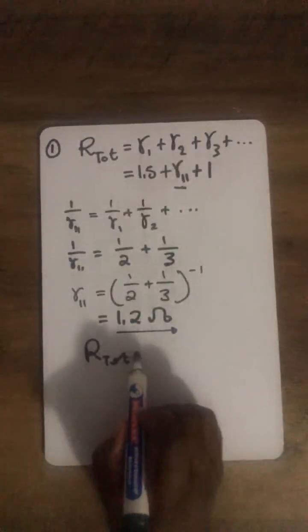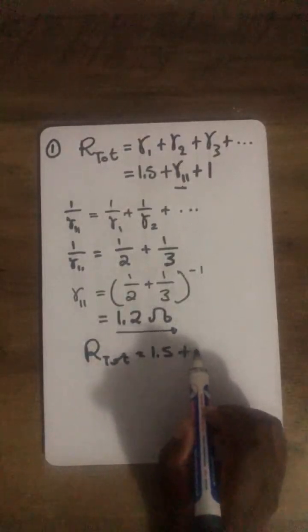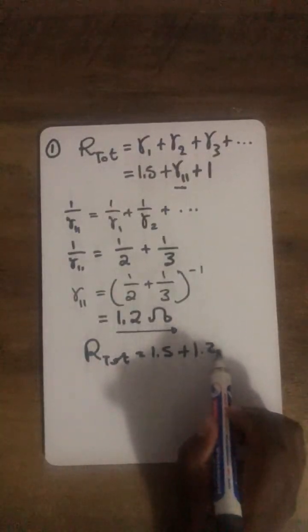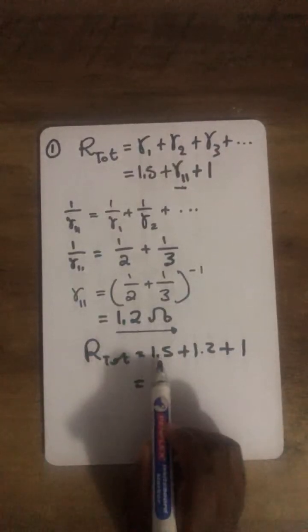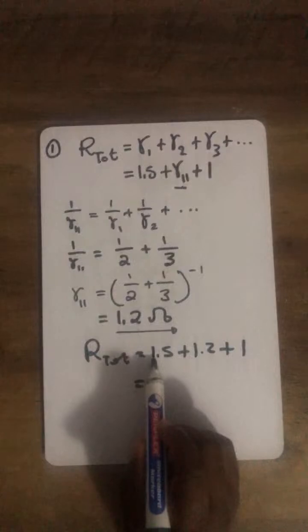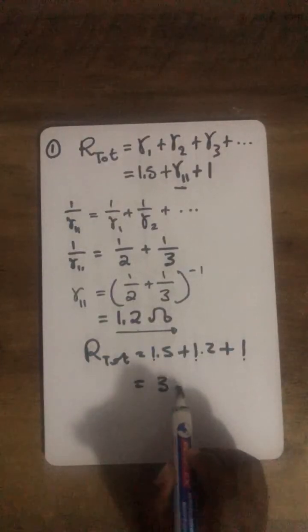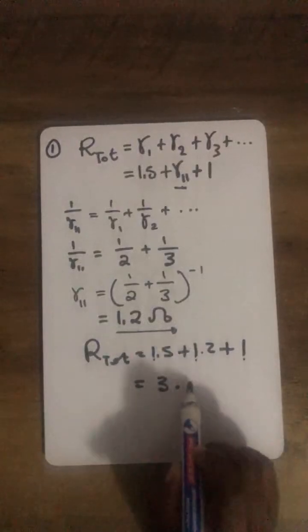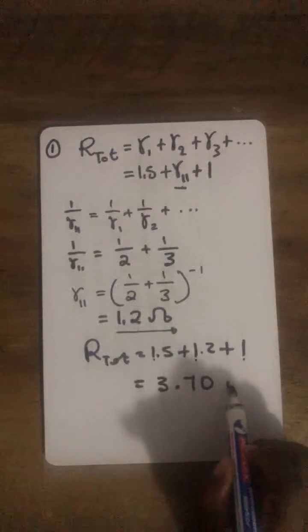Finally our R total equals that 1,5, plus this 1,2 that you just calculated, plus 1. Let's see, this plus that is already 3, 5 and 2 makes 7. Then you can say 0 ohms.